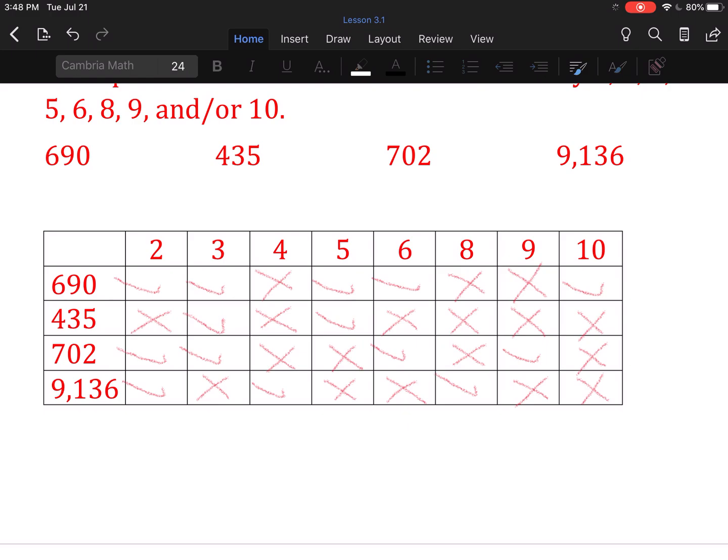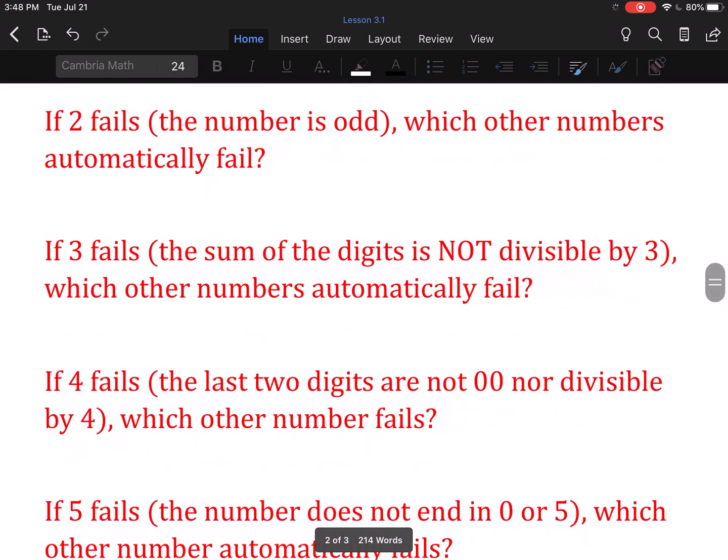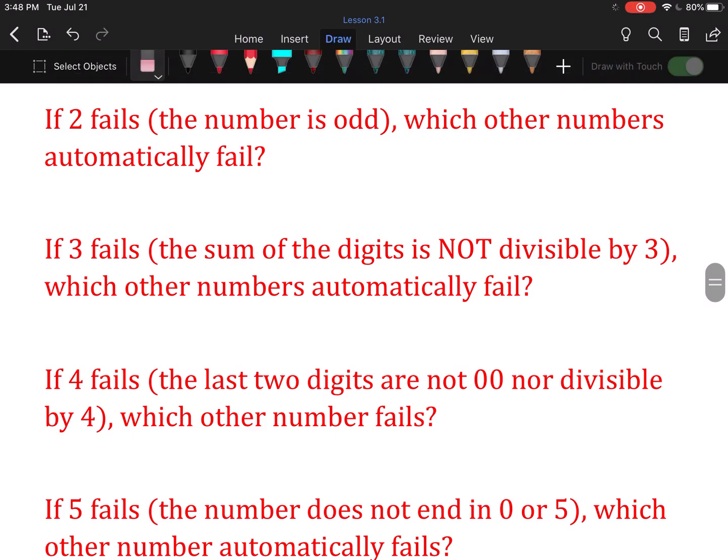Hopefully, you don't have to go too hard in checking those, because if the number is odd, if 2 fails, which other numbers are going to automatically fail? Well, if 2 doesn't work, then 4 can't work, 6 can't work, 8 can't work, and 10 can't work. If 3 fails, 6 and 9 automatically fail as well.